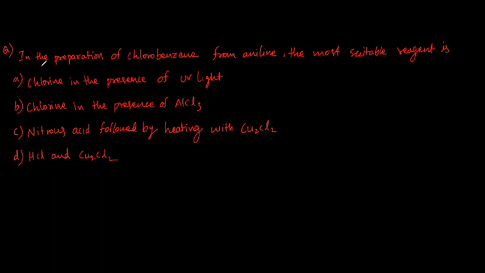In the preparation of chlorobenzene from aniline, the most suitable reagent is, from the options given: chlorine in the presence of UV light, chlorine in the presence of AlCl3, nitrous acid followed by heating with cuprous chloride, or HCl and cuprous chloride.